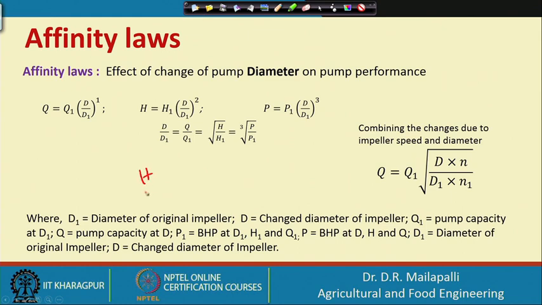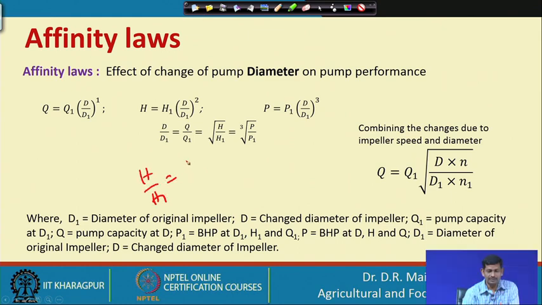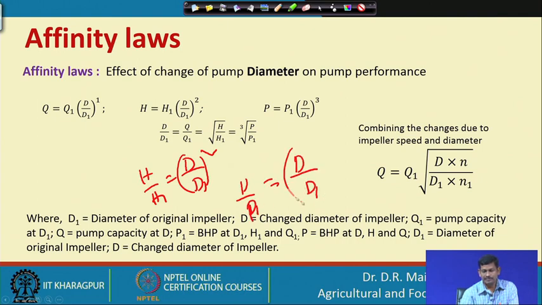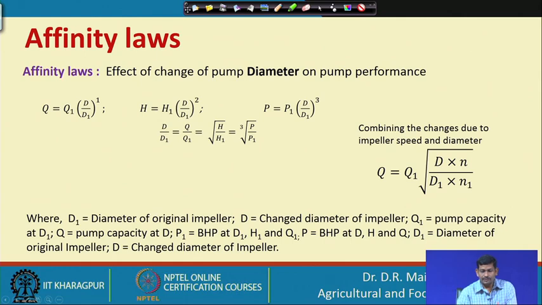The next one is H by H1 is equal to (D by D1) square, similar to N by N1 square, and P by P1 is equal to (D by D1) cube. This is also similar to (N by N1) cube. So, this is the change in diameter.